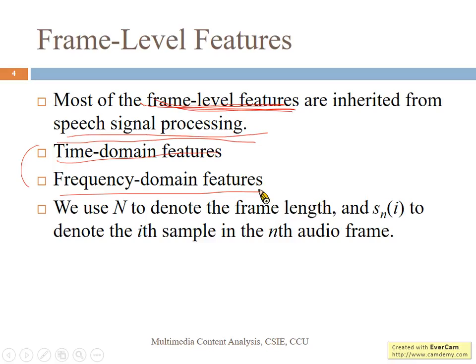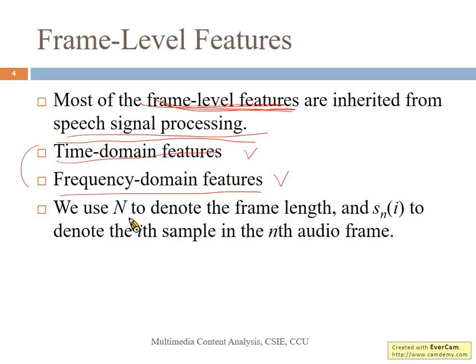As we mentioned above, the human ear works based on frequency analysis. Nevertheless, in early years, many audio features were proposed in the time domain. However, recent work found that frequency domain features work even better than time domain features.